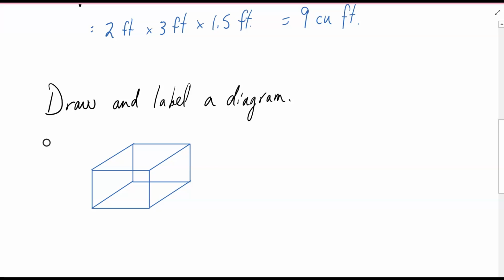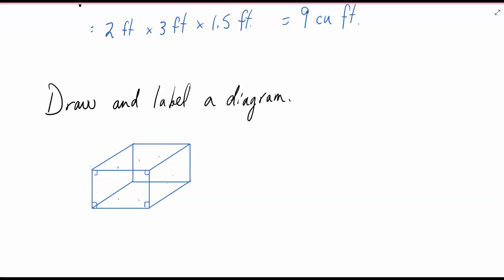A few key things about this: each face is a rectangle, right? So it has right angles in all 4 corners. That's just the one facing me. The back one would have the same, the sides, and the top and bottom. So we have a front and a back, which are identical, a top and bottom, which are identical, and a side and a side, which are identical. If this is a cube, all 6 are identical.